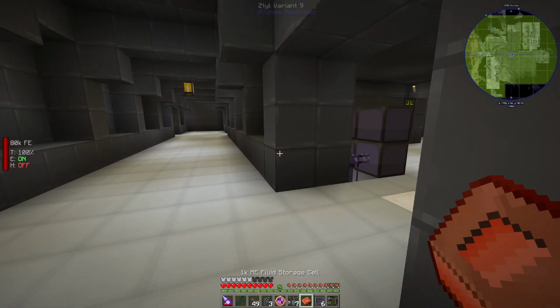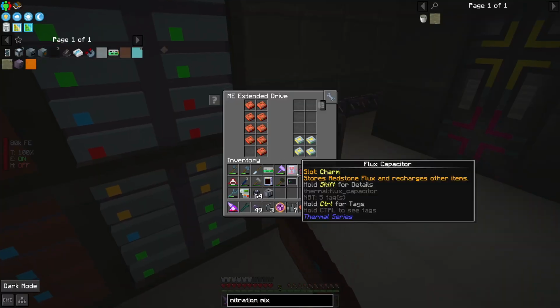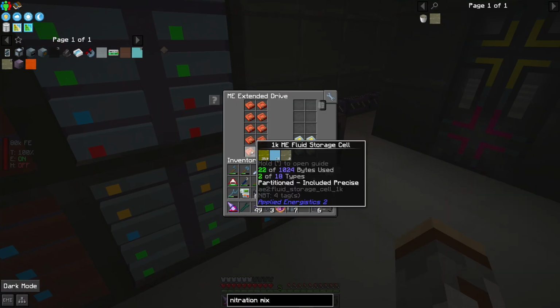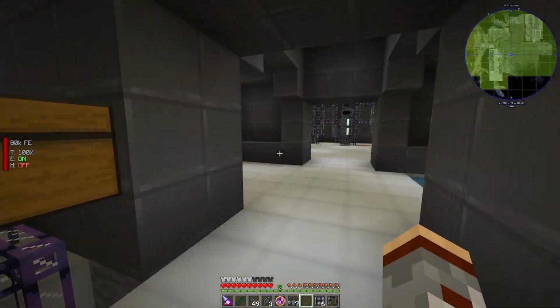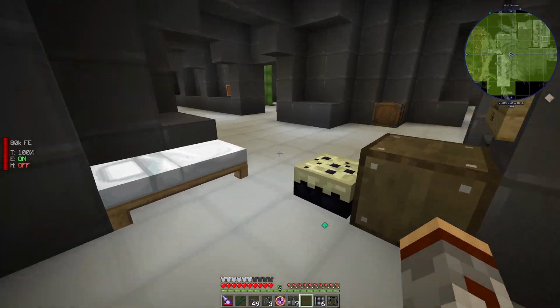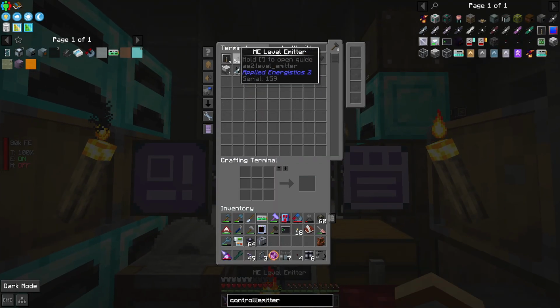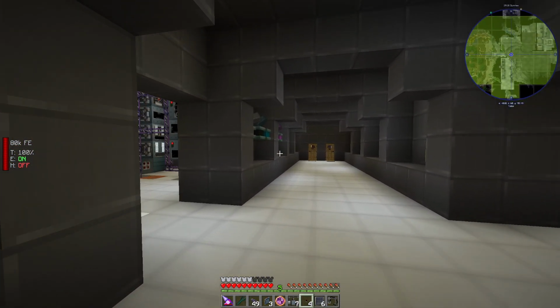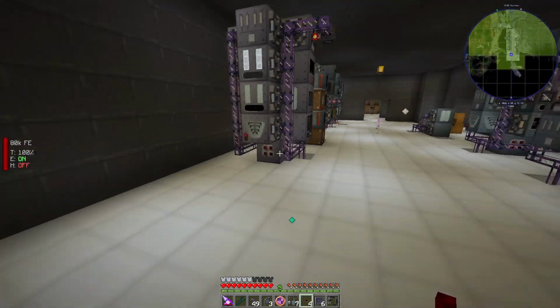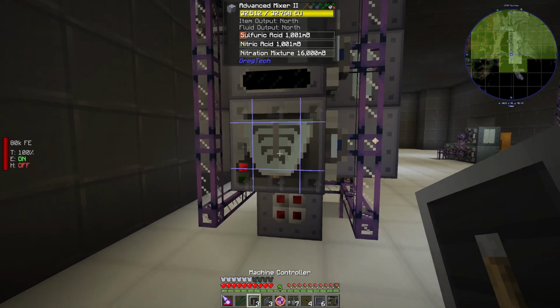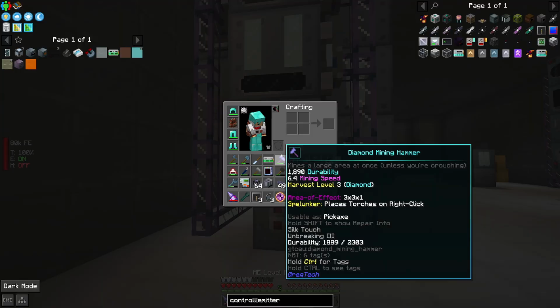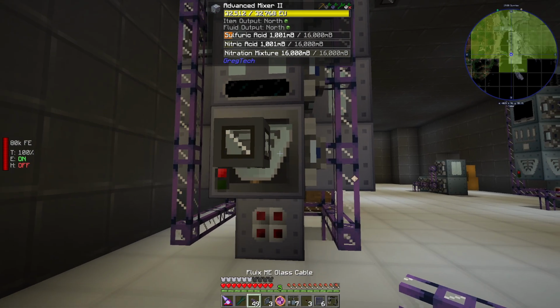I'm not going to be storing a whole lot of the fluids on one cell, so it will be fine this way. Okay, so let's go back over to our system, see if we have the components. Back over to the HV. And I'll pop that on there. Pop that there.